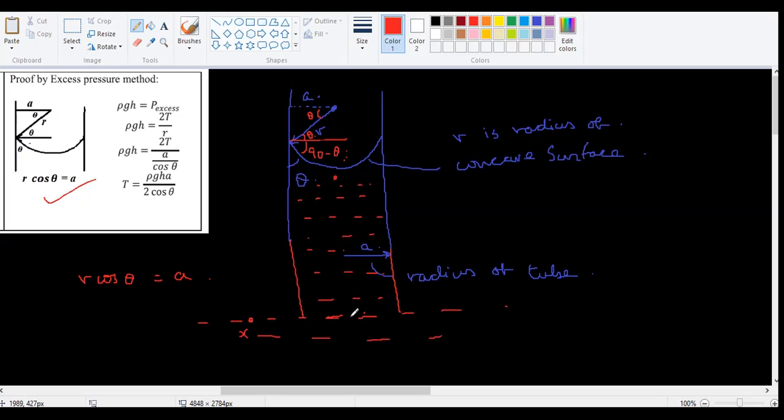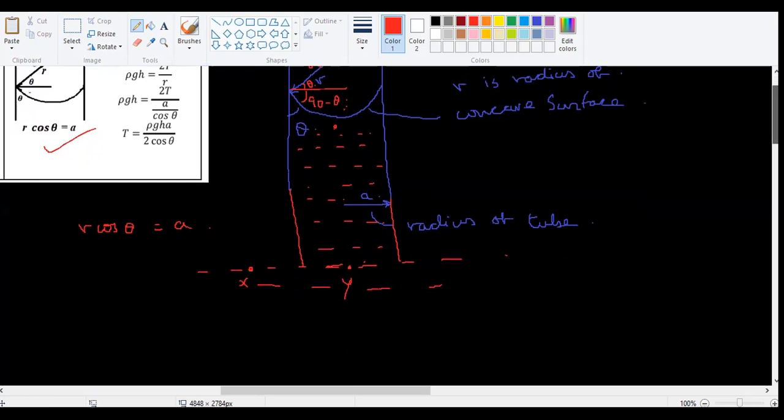So if this point is X and this point is Y, pressure at X is equal to pressure at Y, property of liquid. Who is pressing on top of X? P atmosphere. Who is pressing on top of Y? P atmosphere plus liquid pressure. But then we bring in another concept here, which is that here the excess pressure will be less.